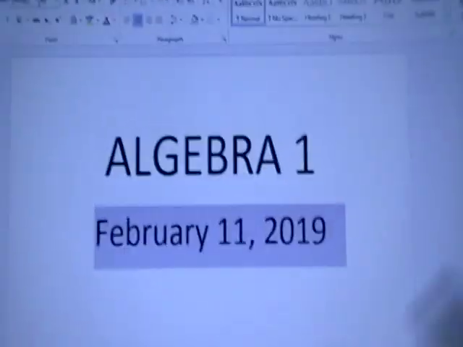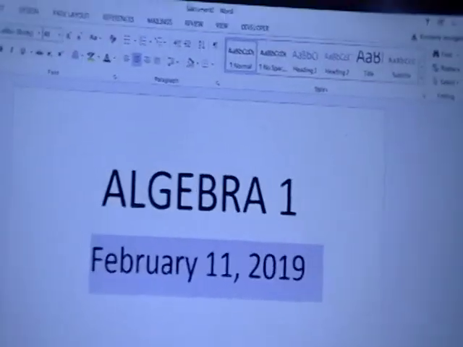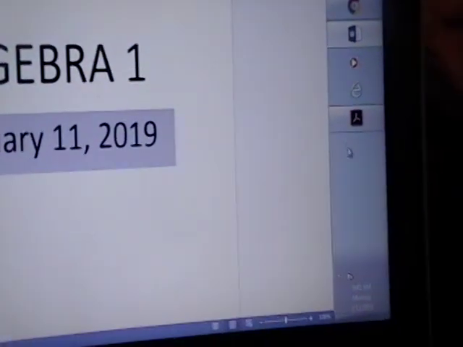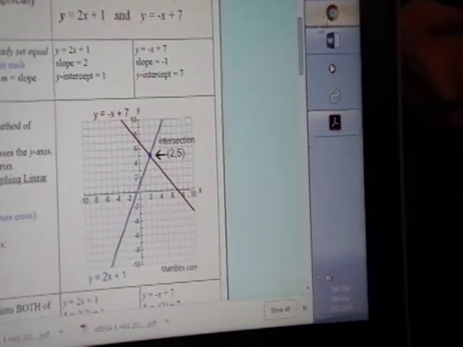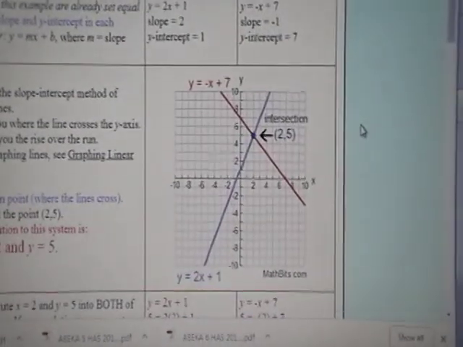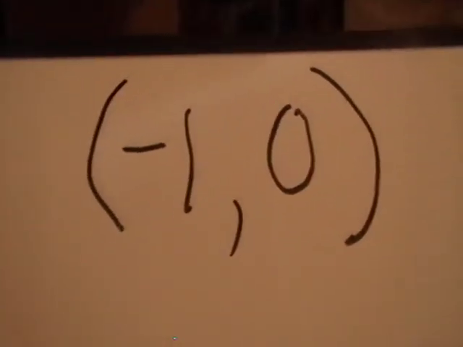Just like I found the point of intersection over here, let me get back to my website. There's a point of intersection. Here's the point of intersection on the second one that we did.